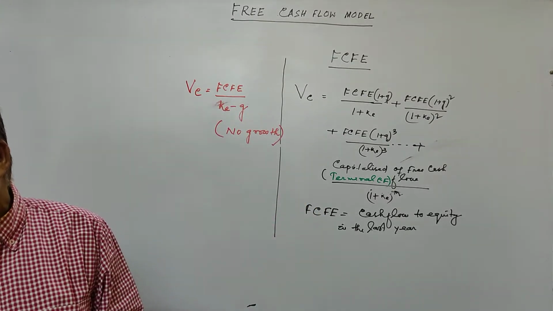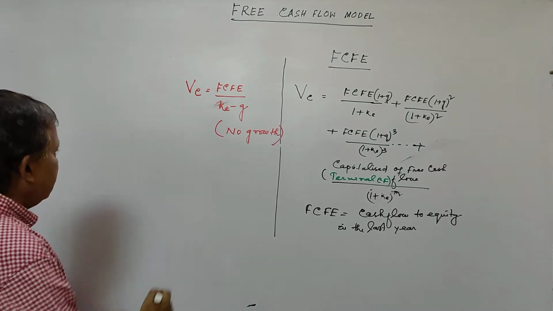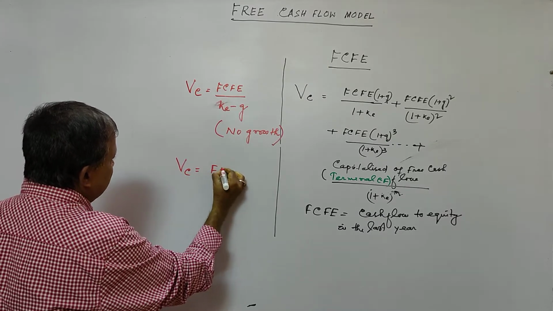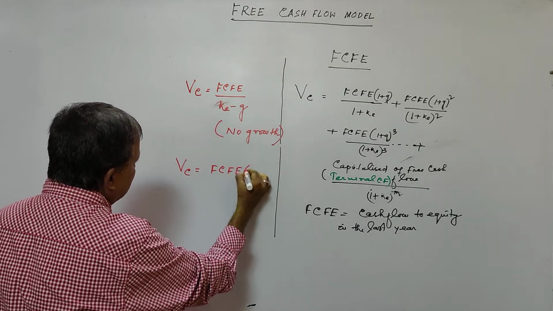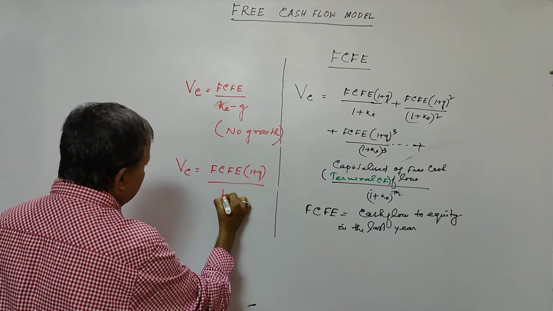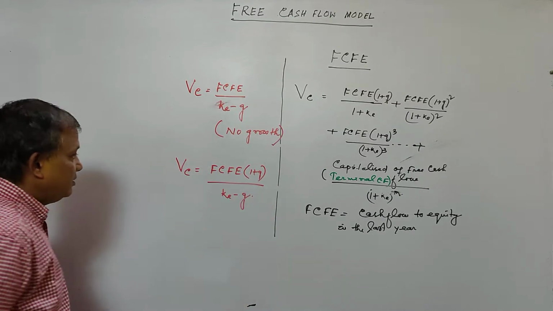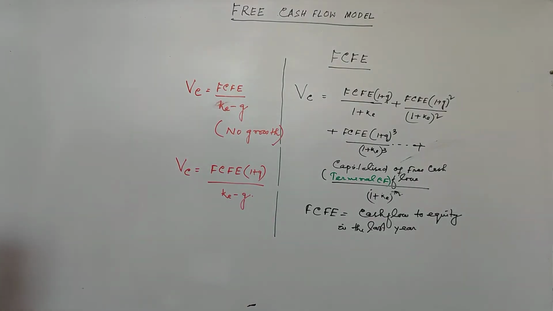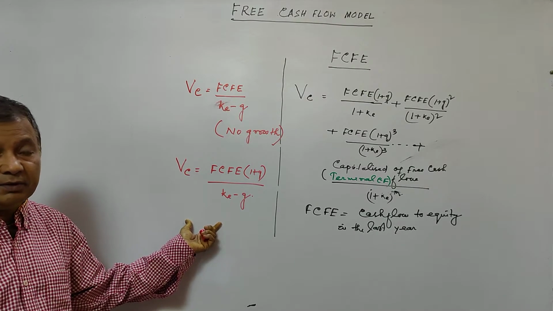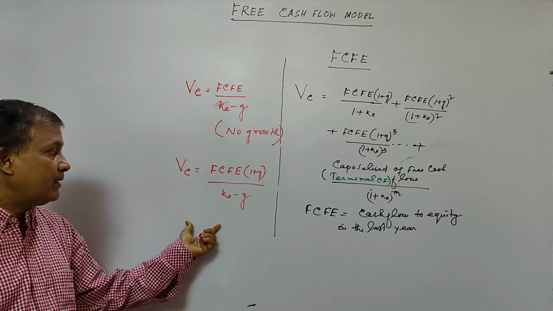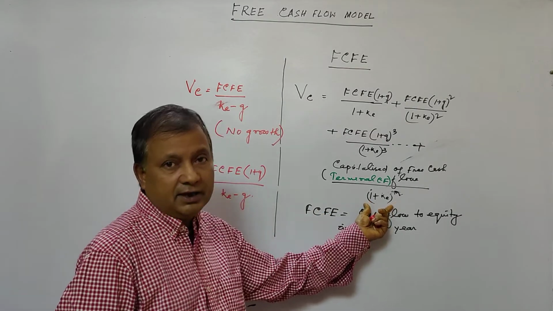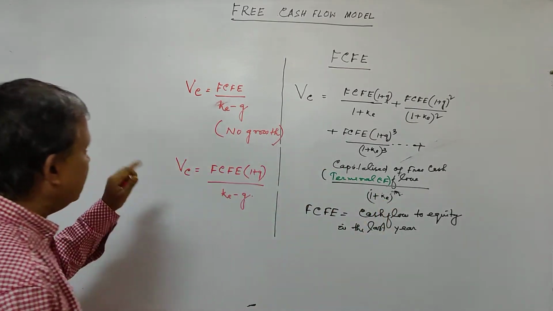It does not change. Okay. There is another method with growth, that is FCFE into 1 plus G divided by KE minus G. In this way we can find out the capitalized value of terminal cash flow, and the capitalized value of terminal cash flow is again discounted to make it the present value.